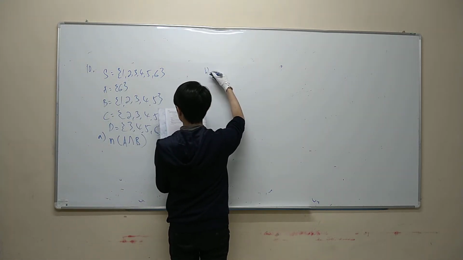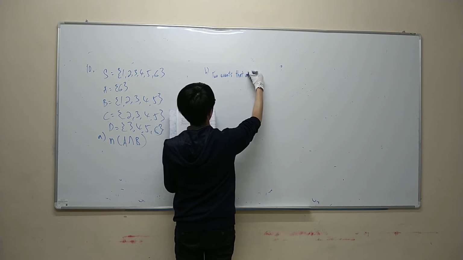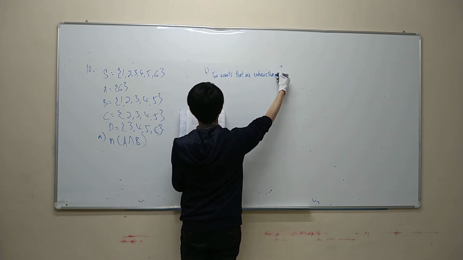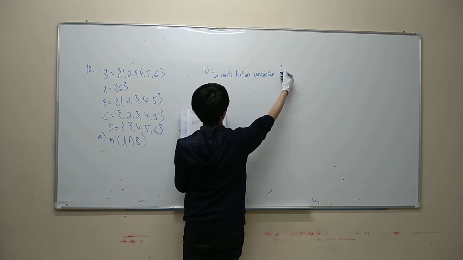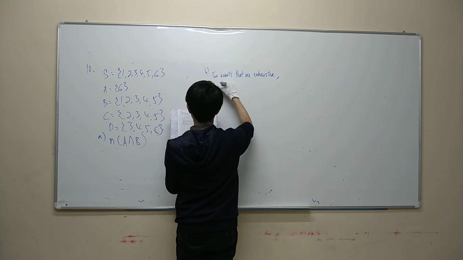B. Determine two events that are exhaustive, comma, not mutually exclusive.